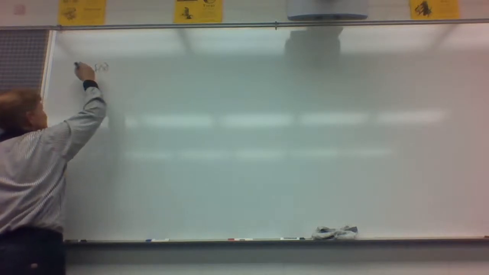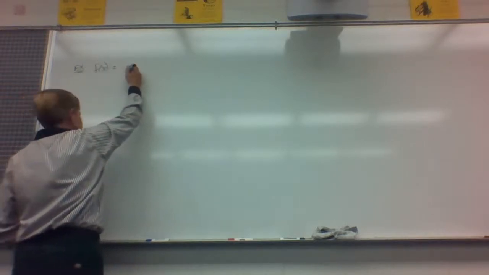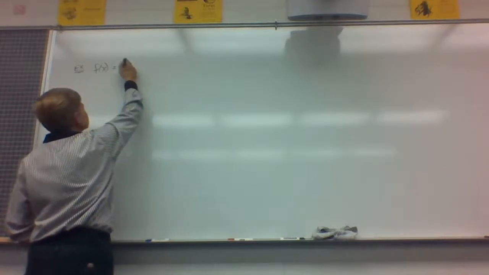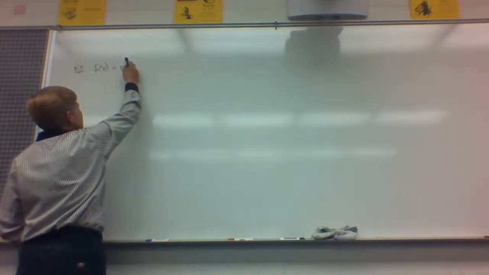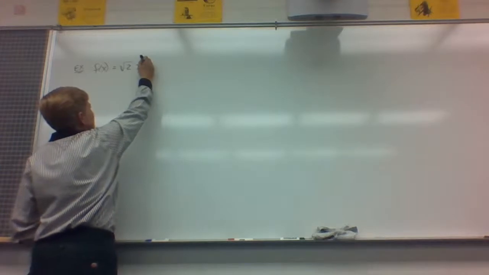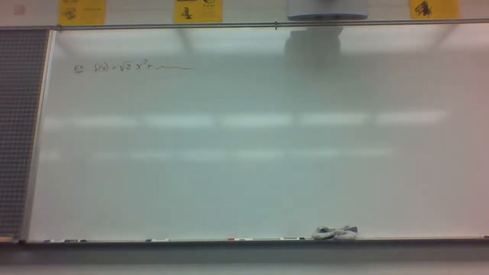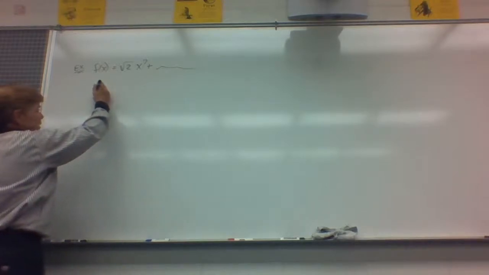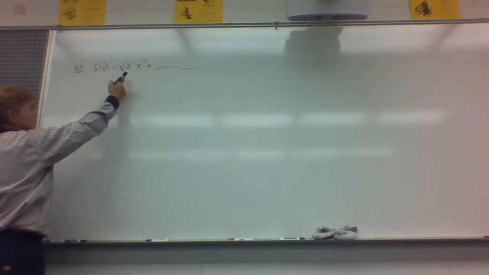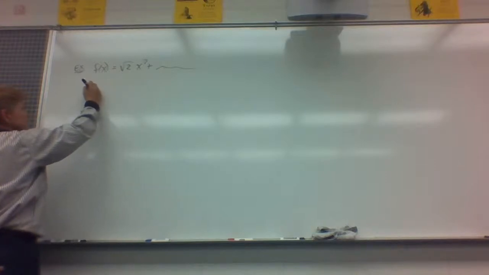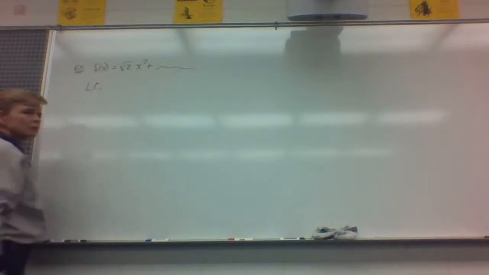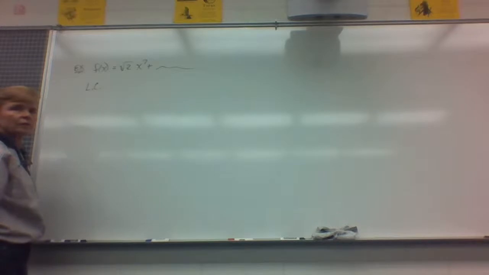So if I say f of x, as an example, equals the square root of 2 x to the 7th plus blah, blah, blah. Don't care about the rest. It has no effect on end behavior. Then when I look at that leading term, I can see that the leading coefficient is, what are we looking for? Odd or even, positive, negative, rational, irrational?